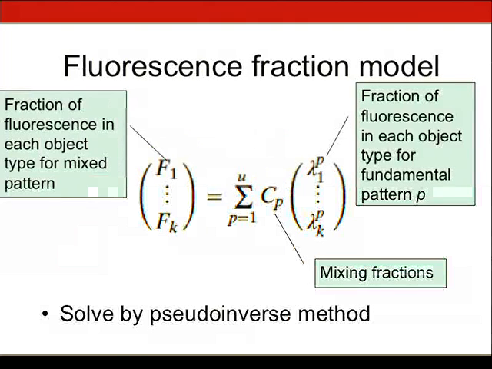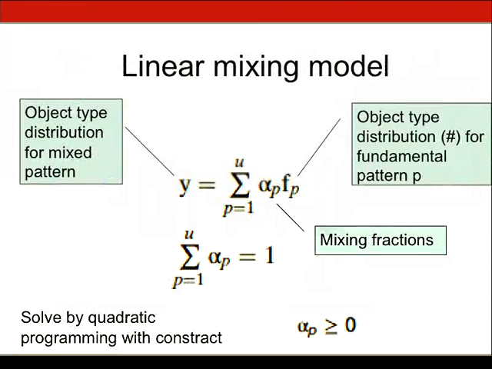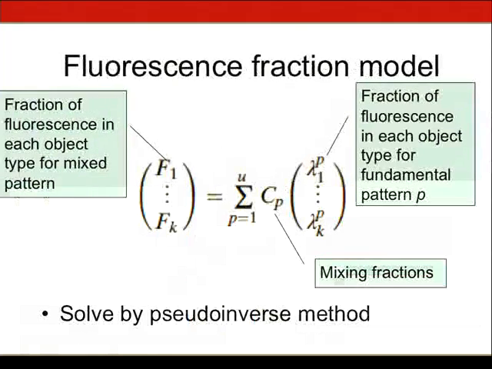The third thing we can do, both of those models consider that the objects themselves are the units that we're working with, but in reality, we might be interested in the fraction of fluorescence that's contained. So these methods would give us the fraction of objects of a given type, but in fact, we're interested in, more likely, the fraction of fluorescence, or the amount of protein, the mass of protein that's contained in each type.